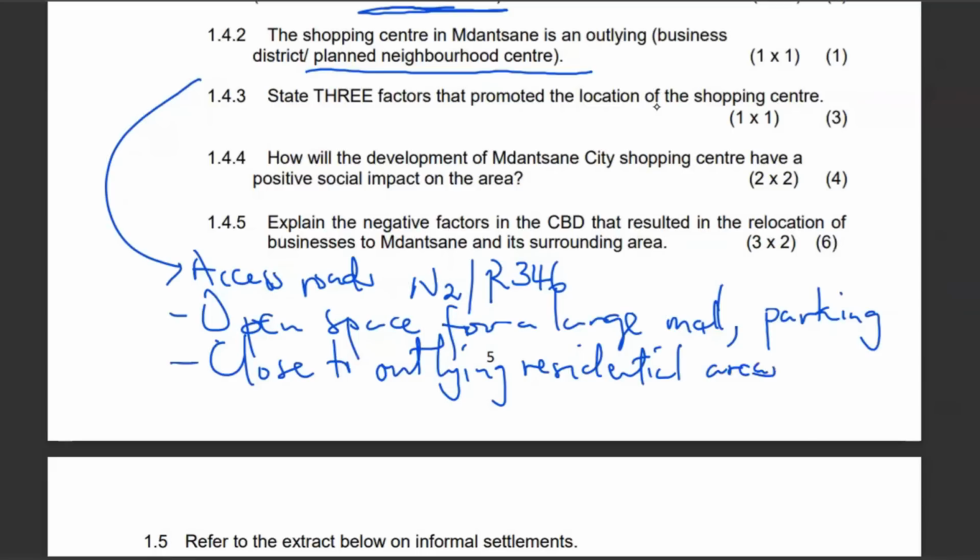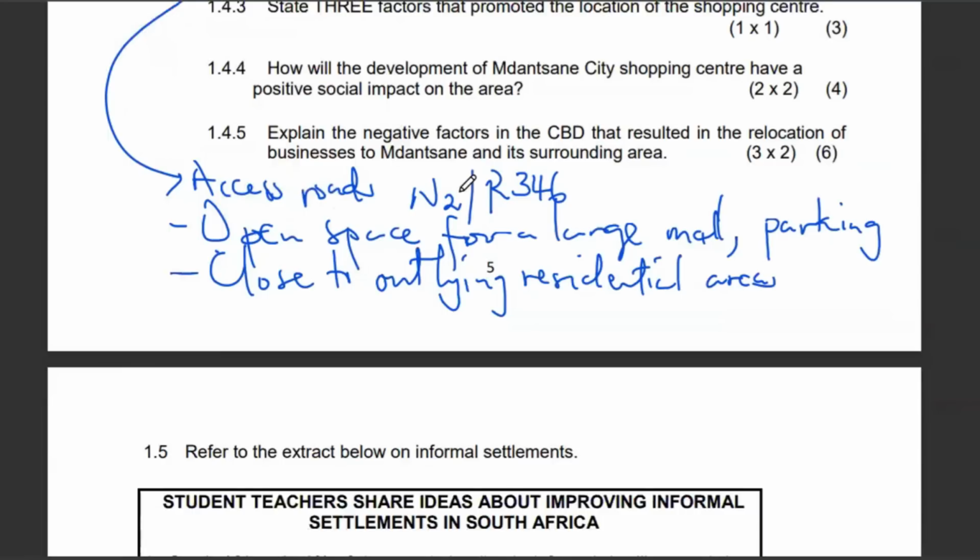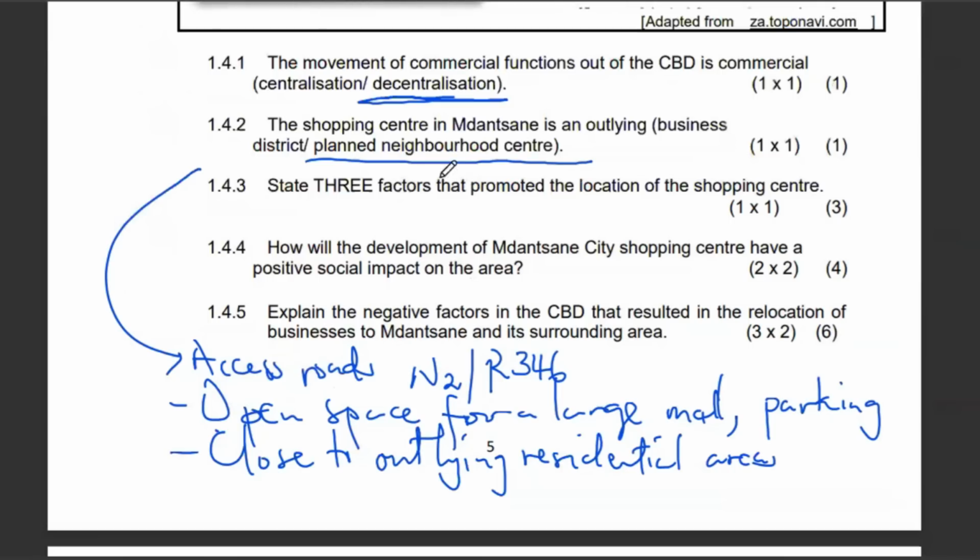And mainly in those outlying residential areas, that is where we find the most affluent customers. Customers who can afford, customers who are mainly the wealthy clients. So they tend to support those businesses because of their level of income. So basically, those are some of the ideas of the factors that favor the location of that particular shopping center.